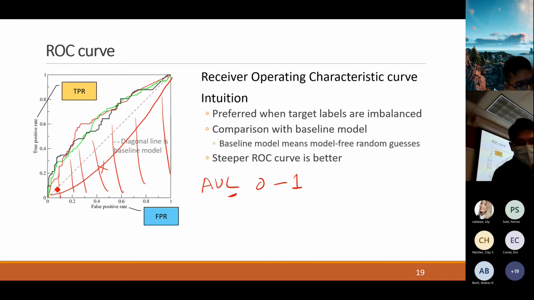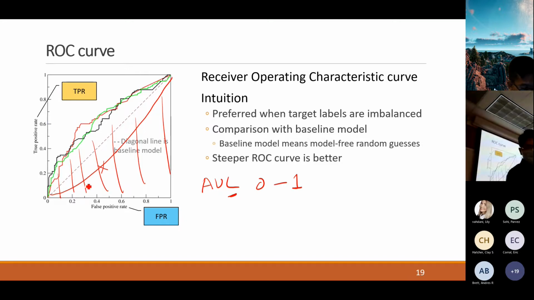The y-axis typically is sensitivity. Recall. What is recall? Recall is the percent of true positives out of all the positive cases, right? Think about identifying COVID cases.